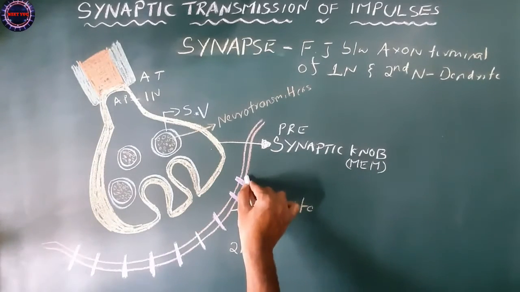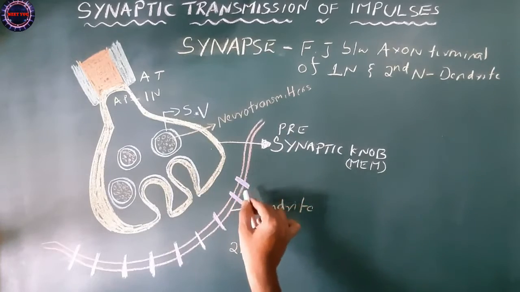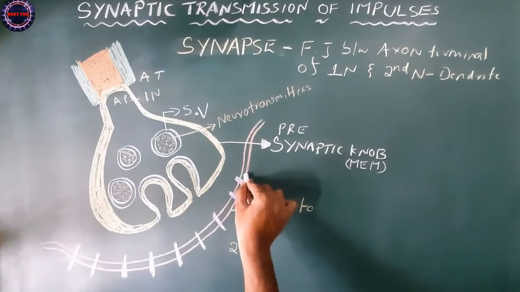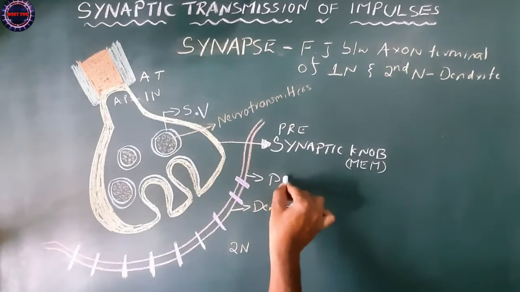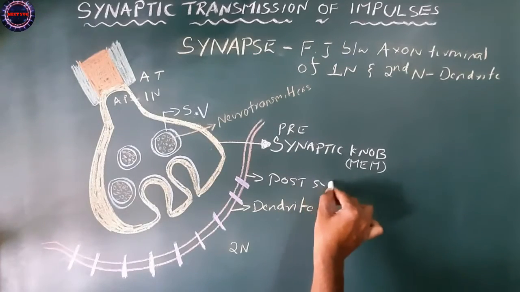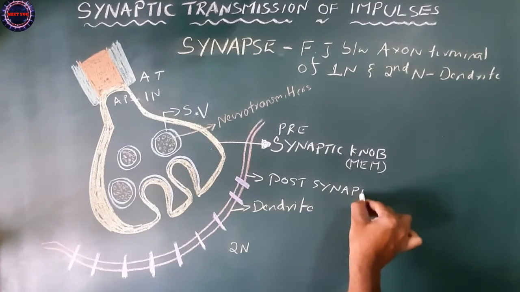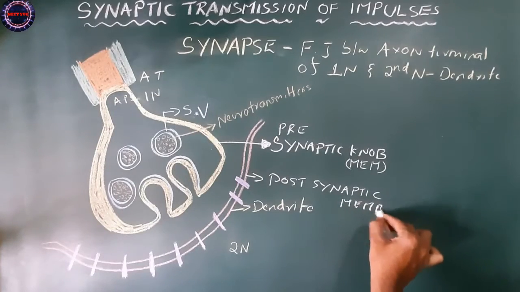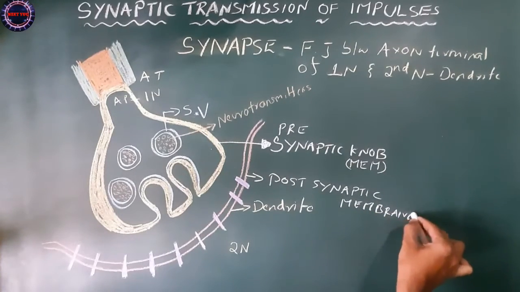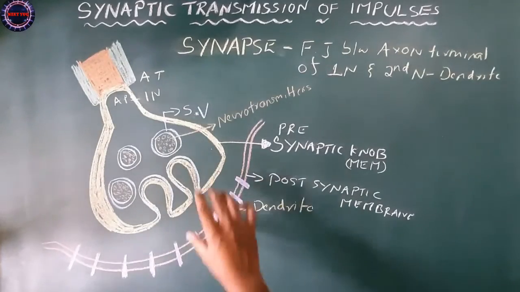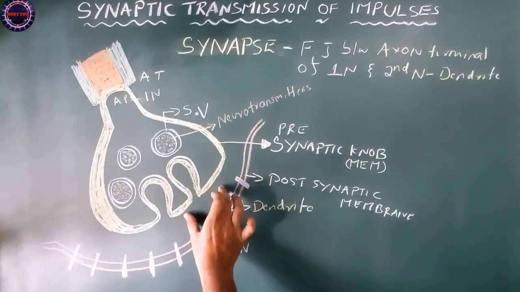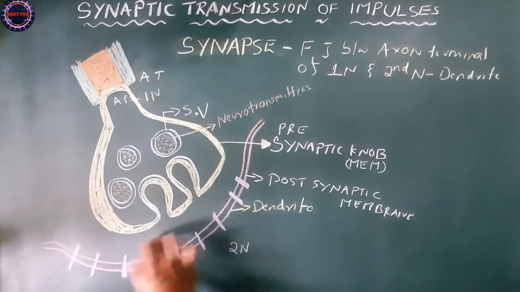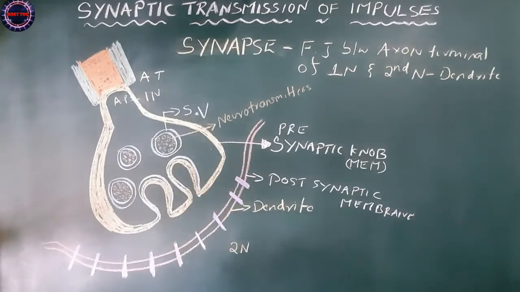And here this is the starting point of the dendrite, or the membrane of the dendrite, and this is the postsynaptic membrane or knob. So we write presynaptic membrane, and the two neurons are separated by a fluid-filled region.